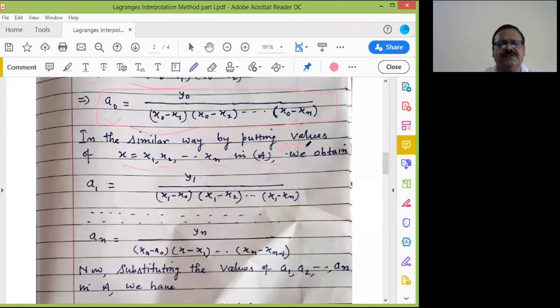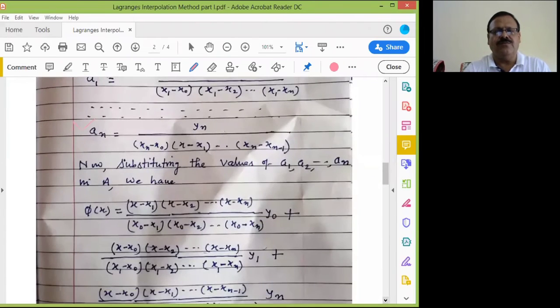Means x equal to x1, then x equal to x2, then x equal to xn. By doing this we get the value of a1, and then the value of an, so forth, so on. All values are computed, and therefore now we have phi x.